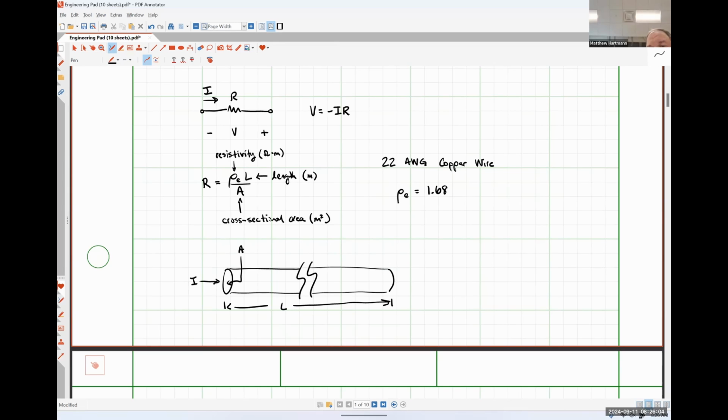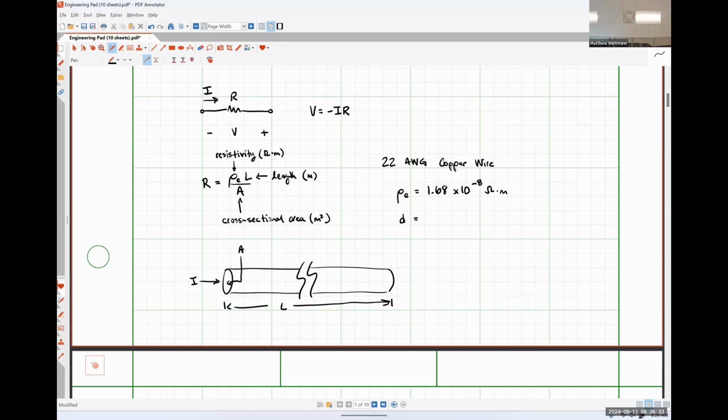1.68 times 10 to the negative 8 ohms. Is that ohm meters or ohm centimeters? Ohm meters, okay. Now, could you look up the diameter of 22 AWG copper wire? I feel like that's a little bit less than a millimeter, but I don't remember off the top of my head.